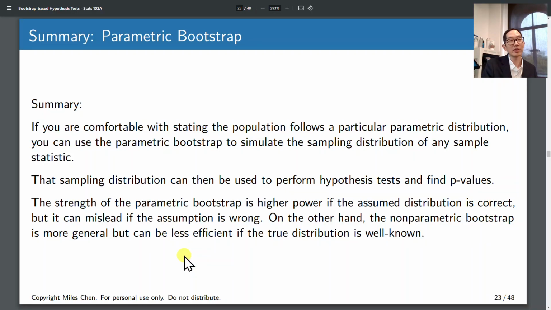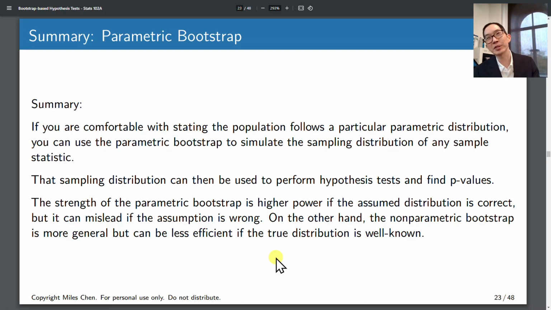The great flaw in parametric bootstrap is that if your assumptions are wrong, then everything is wrong. We also have non-parametric bootstrap, which I'm going to introduce next, and that makes fewer or different kinds of assumptions.